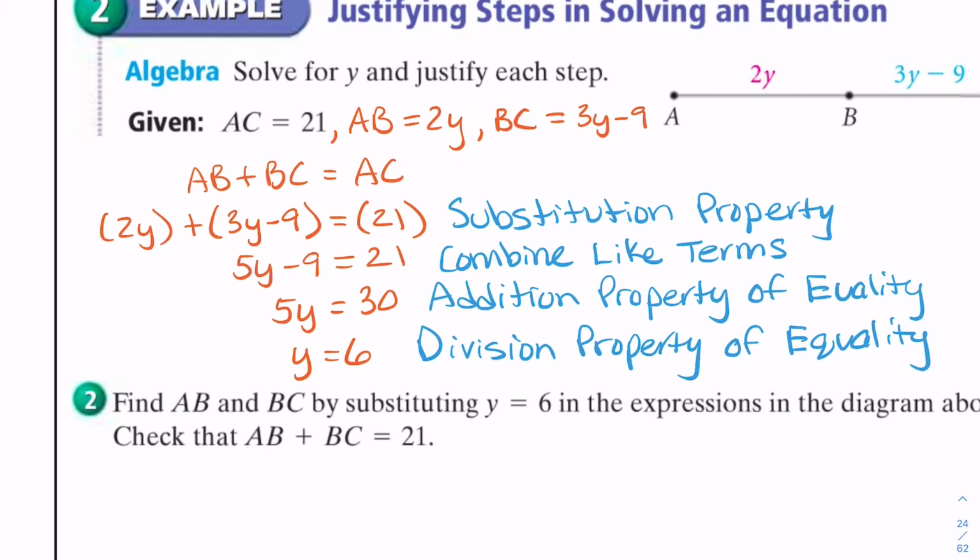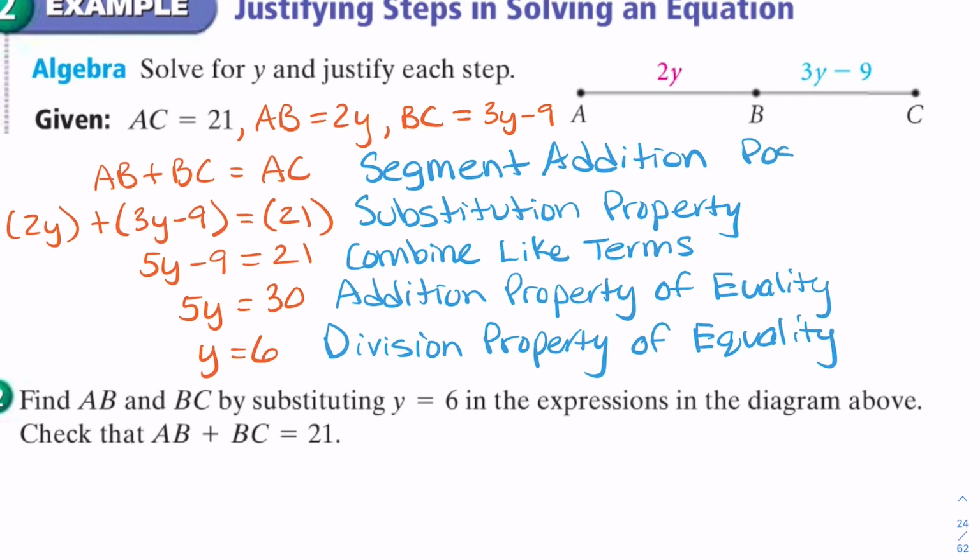Well, there was really not much that happened other than I introduced the segment addition postulate. So I'm stating what I'm about to substitute in step 2. Segment addition postulate.